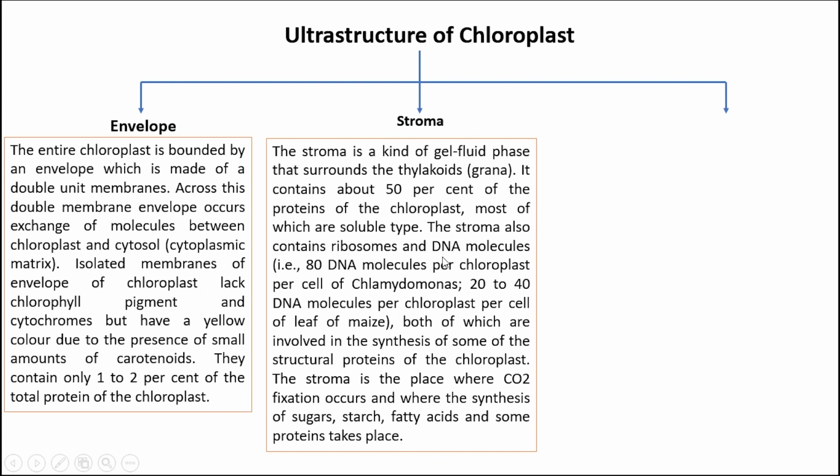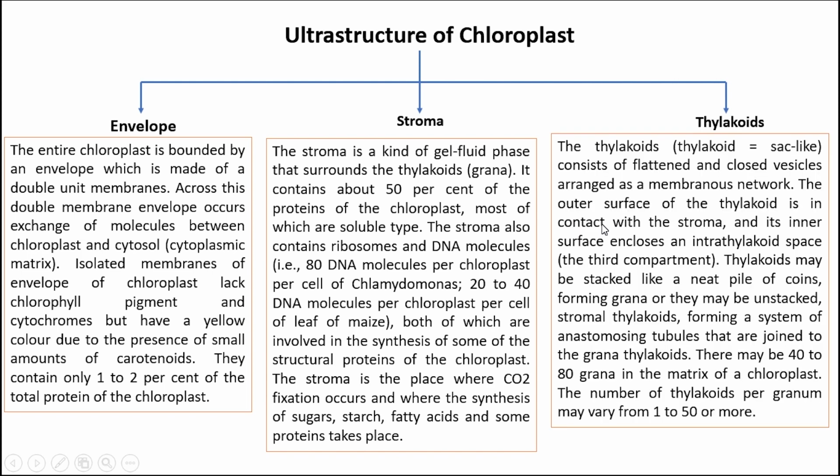The stroma also contains ribosomes and DNA molecules, for example, 80 DNA molecules per chloroplast per cell of Chlamydomonas, 20 to 40 DNA molecules per chloroplast per cell of leaf of maize, both of which are involved in the synthesis of some of the structural proteins of the chloroplast. In stroma, CO2 fixation occurs and the synthesis of sugars, starch, fatty acids and some proteins takes place.